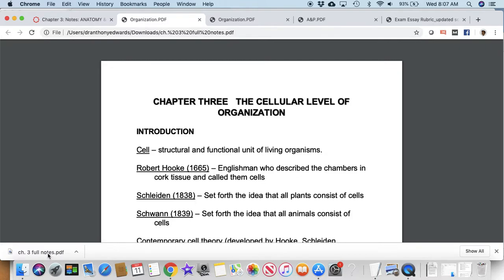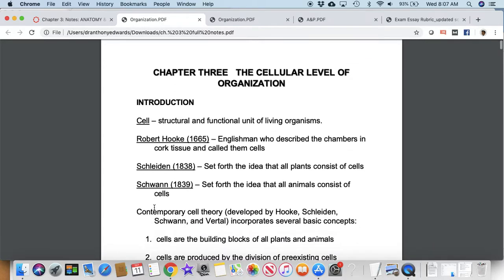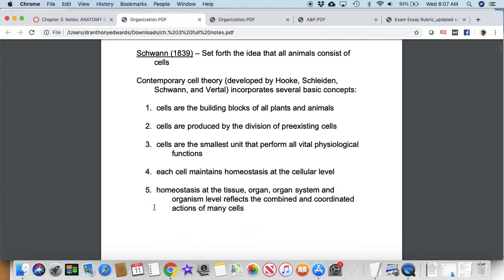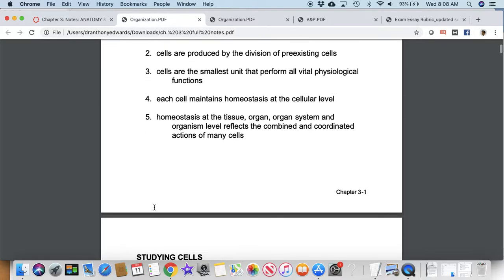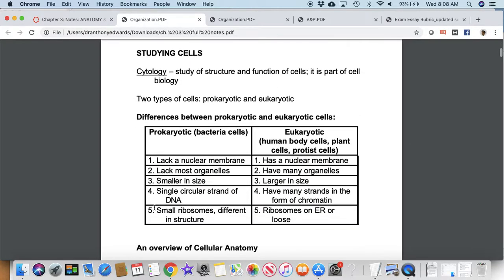All right, so you can see that here in the notes. There's that section. You'll also want to be able to list one difference between prokaryotic and eukaryotic cells. Okay, so you'll be able to tell the difference between the 2.